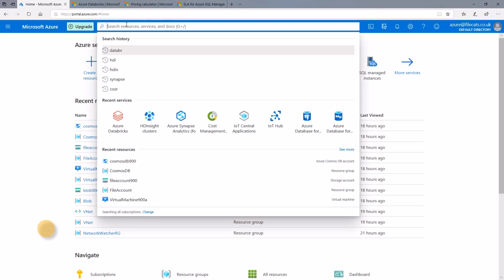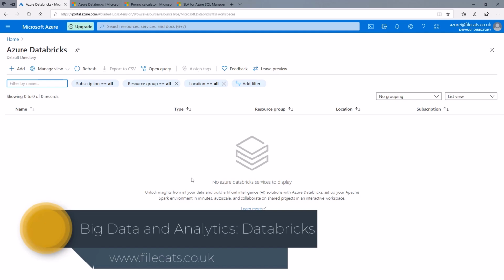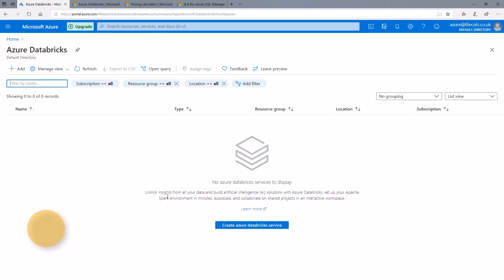In this video, I want to briefly touch on Azure Databricks. So this provides big data modeling, processing, streaming, and machine learning. It uses the Apache Spark environment. You can see it's fairly swift to set up. You can activate this in minutes. It allows for auto-scale and collaboration.